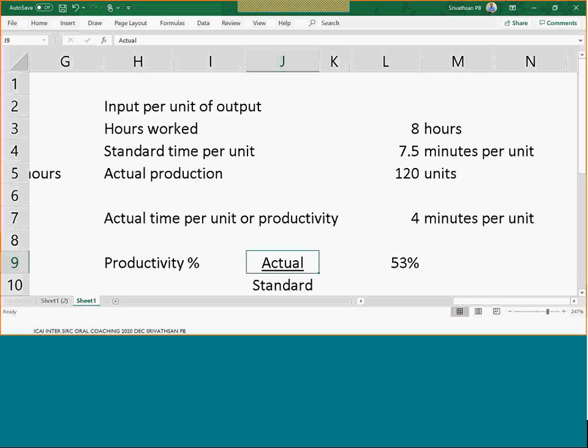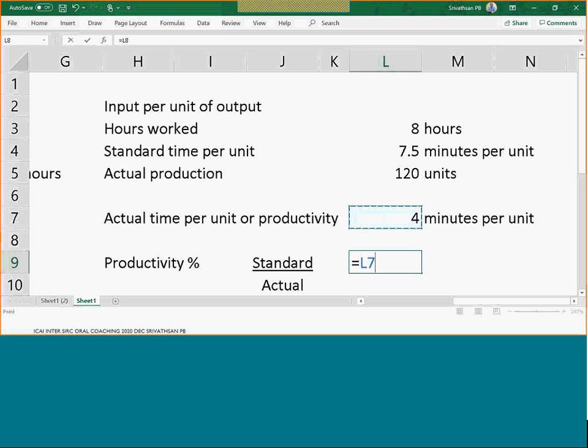No. So my calculation now is standard by actual: 7.5 divided by the lesser number. So 188% productive. 4 minutes per unit, expected to produce at 7.5 minutes per unit. So performance is 188%.